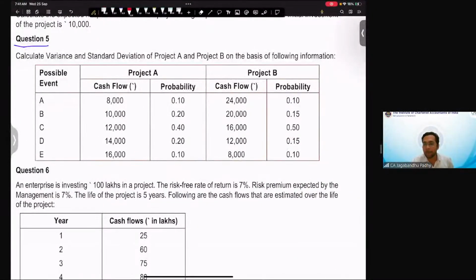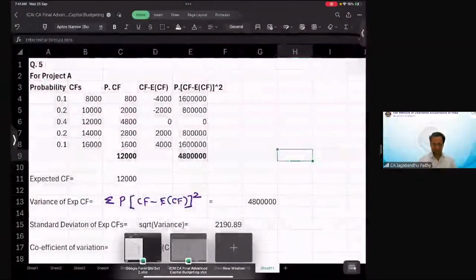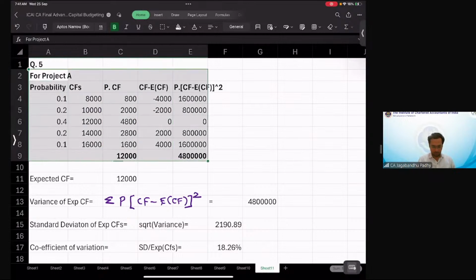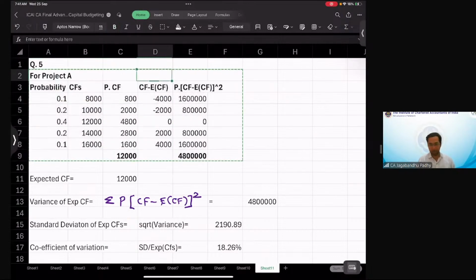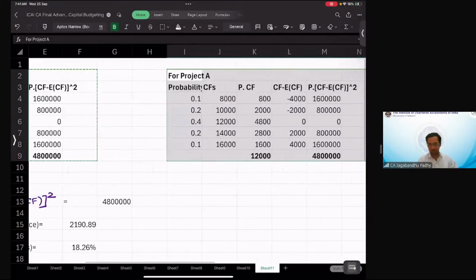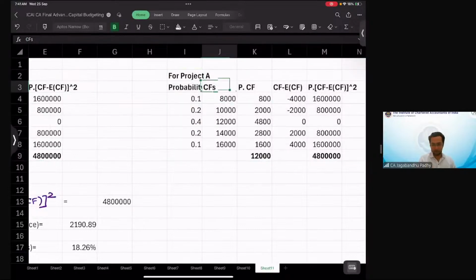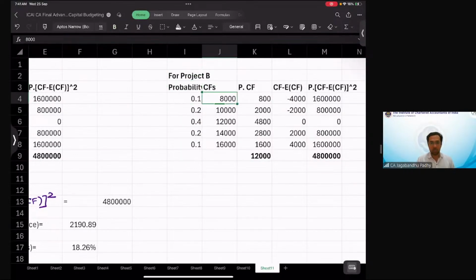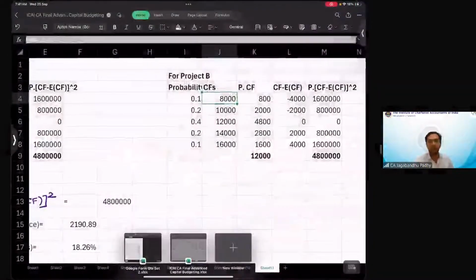Okay, so I've got the answers. Expected cash flow is 16,000. Let me just quickly verify your claims, guys. So for project B, the cash flows are a bit different.